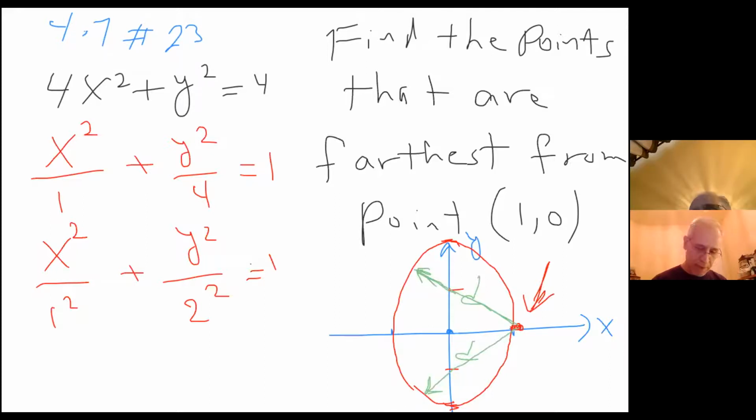What is the position of this point? Since I don't know exactly, I'm going to call it (x, y). The other point has the same x value but negative y value. Okay, let's go to the next page.